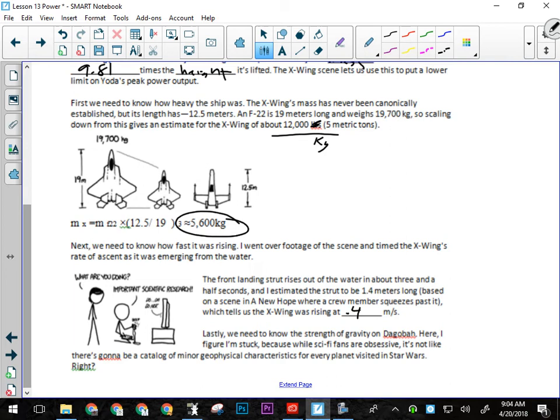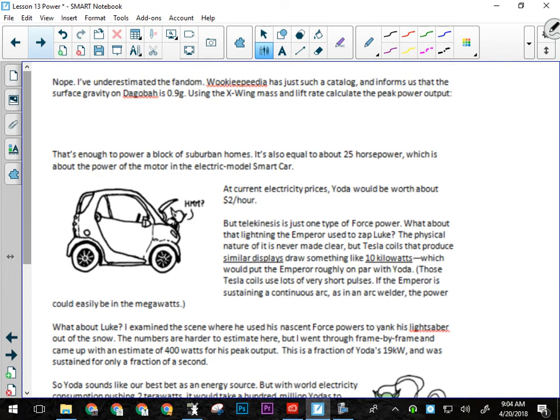And lastly, we need to know the strength of gravity on Dagobah. We said this is going to be the problem because we don't know what it is. I don't know how we do that, but apparently there's this website called Wikipedia. You'll never think I'm a geek again after this.